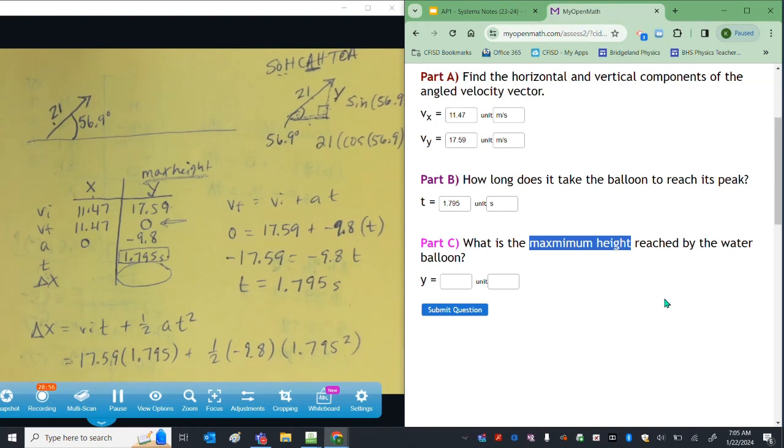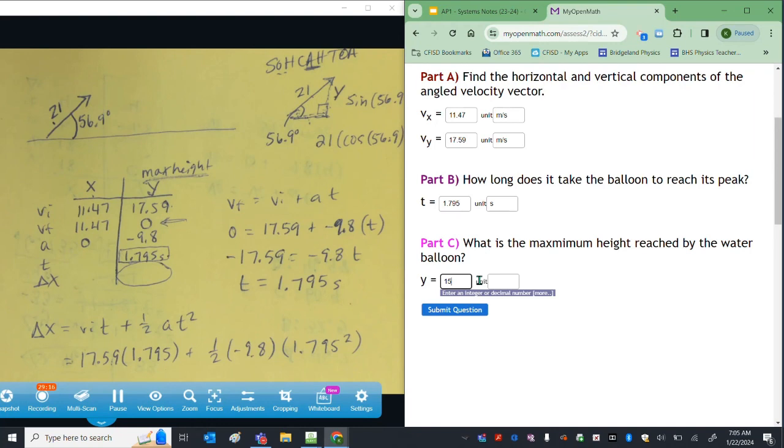I'm going to use the values that haven't been rounded so that I don't introduce any rounding error. And I got this as my answer for max height, 15.79 meters.